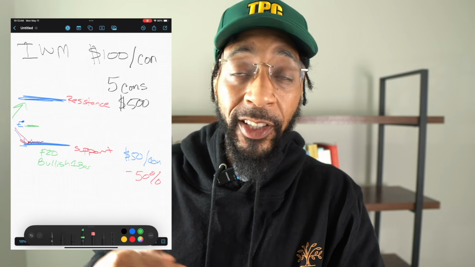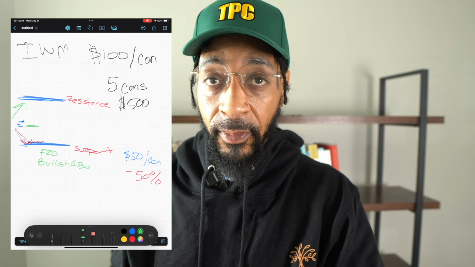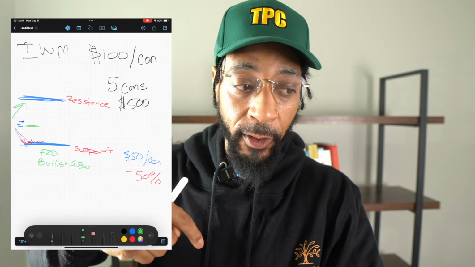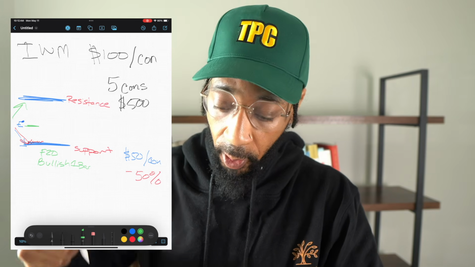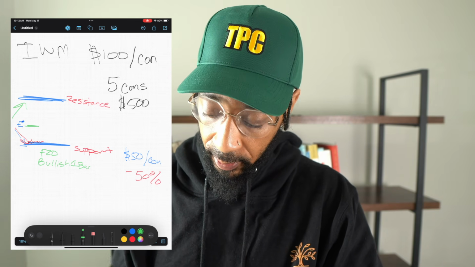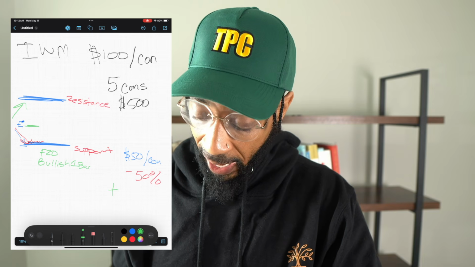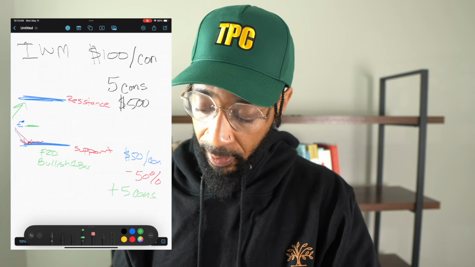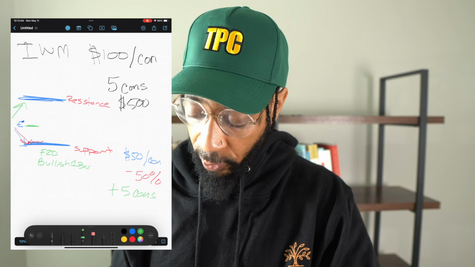When you're adding to your position size, you want to bring your average cost down. So if you add 5 contracts at $50 per contract, that's another $250.